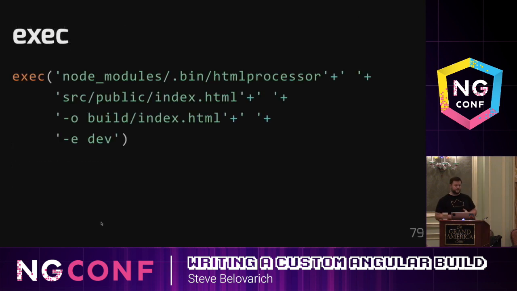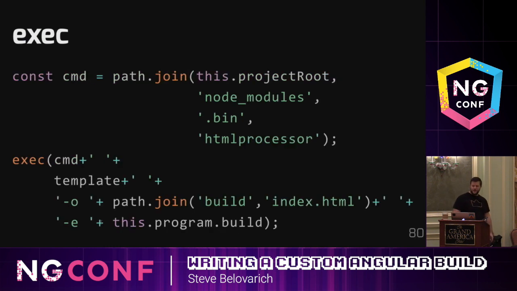So this would look something like this in Node.js, where we call exec. And exec will look for HTML processor locally, and then pass in the index.html as its first argument, use the output argument and the environment argument.